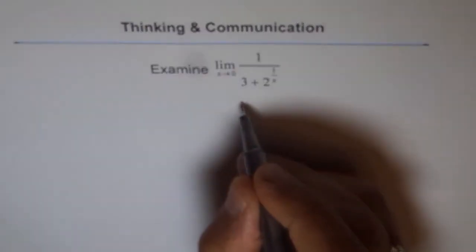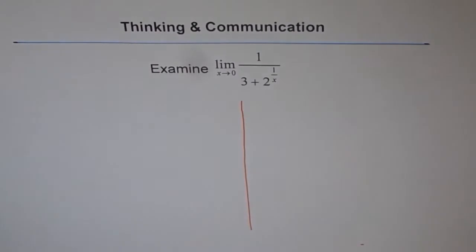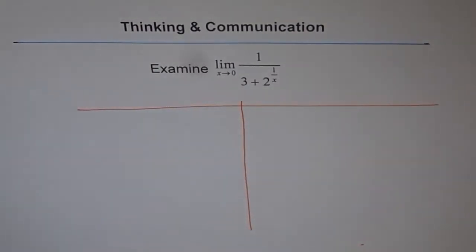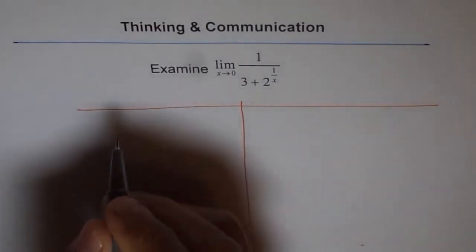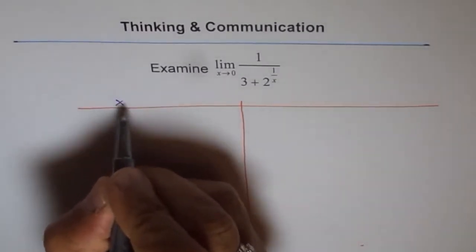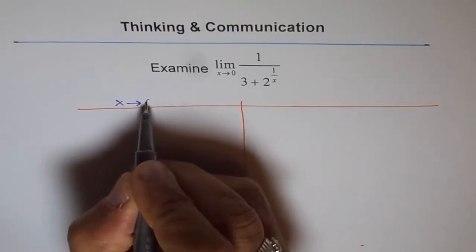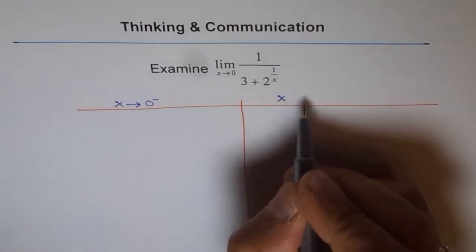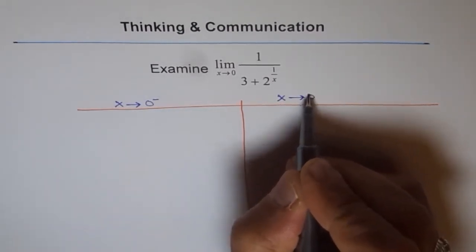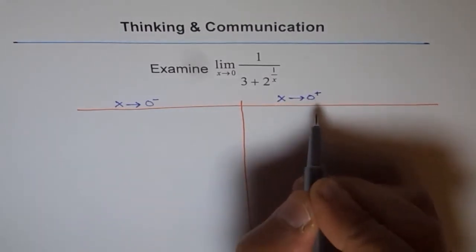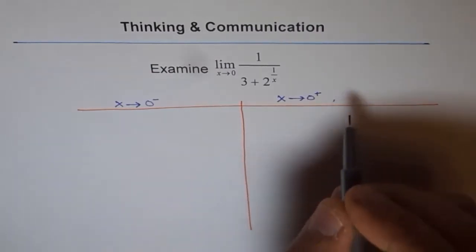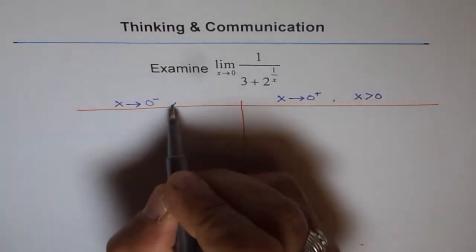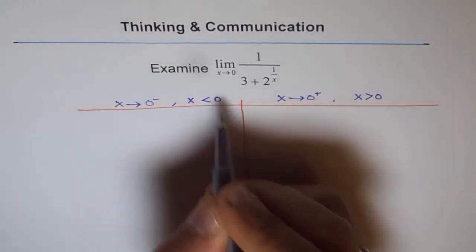So I'll divide this page into two parts to examine this function from both sides. On the left side, x approaches 0 from the minus side, and on the right side, x approaches 0 from the right side. In this portion x is greater than 0 and here x is less than 0, correct?